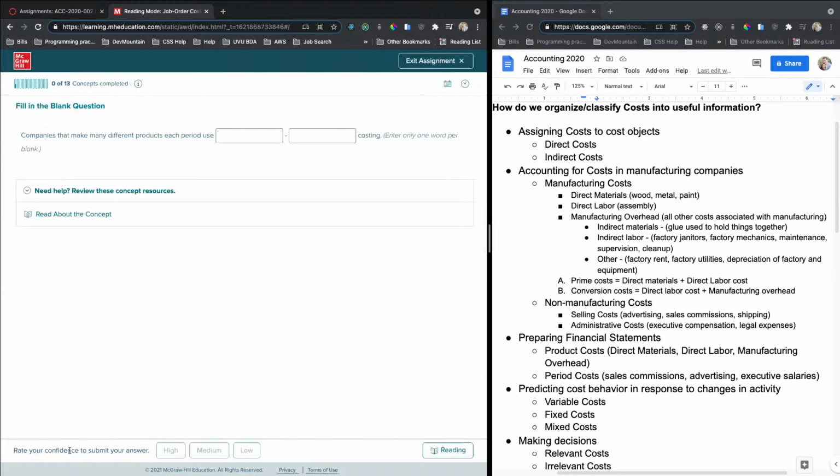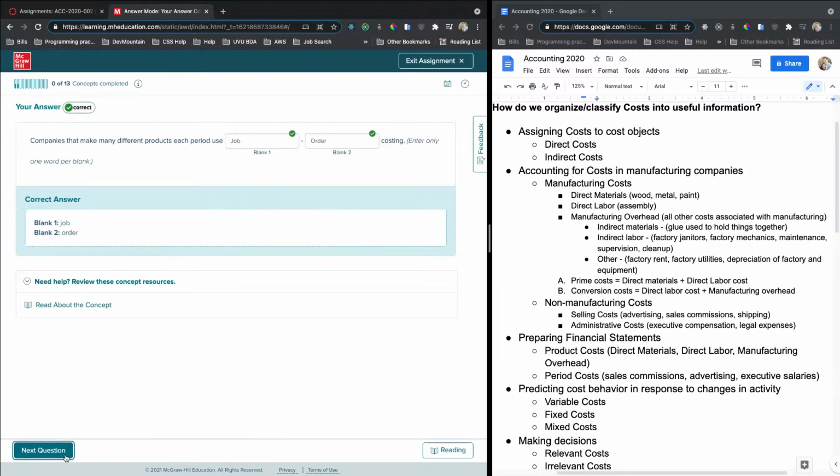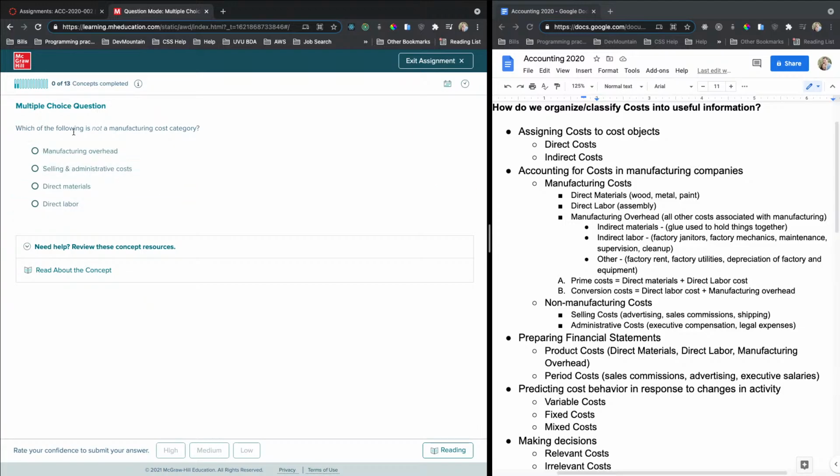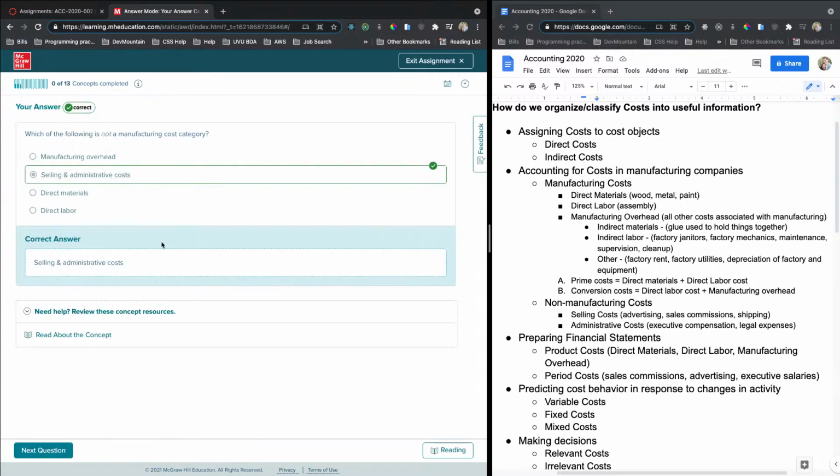Job order costing. Which of the following is not a manufacturing cost category? Direct materials, selling and administrative is not.